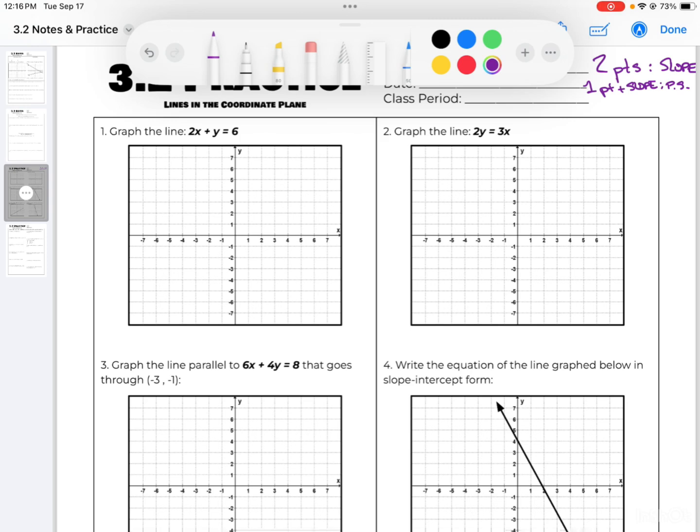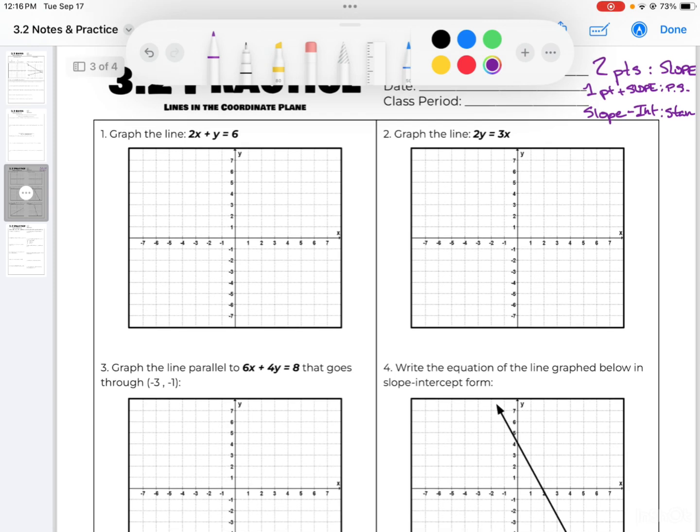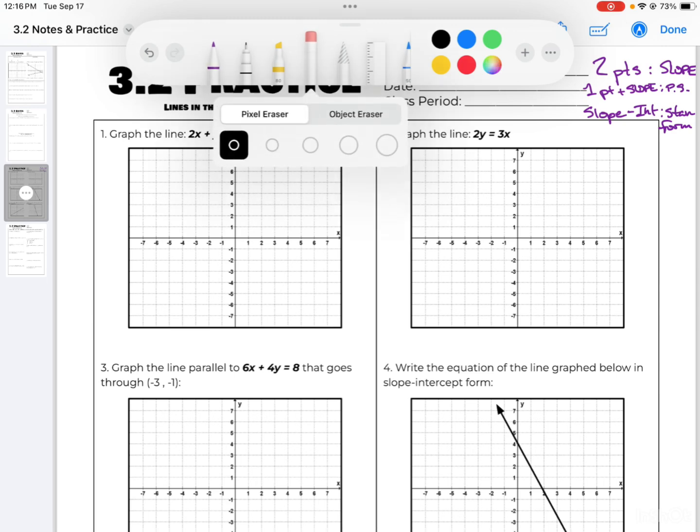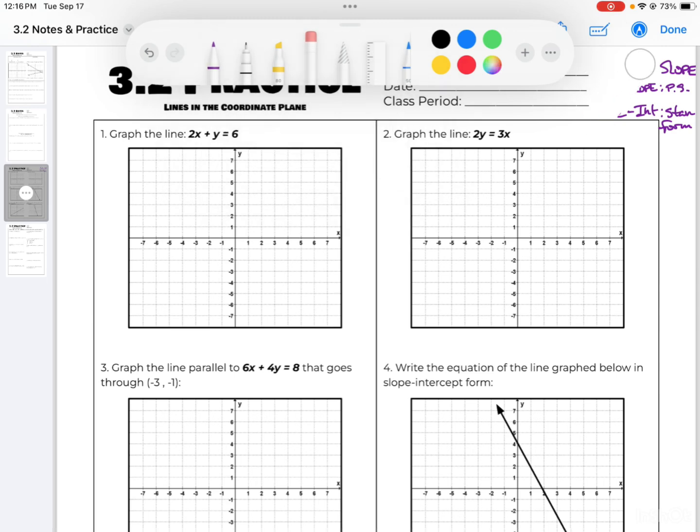And if you have slope intercept form, you can convert that to standard form. I'm out of paper to write that little note there. But that's kind of the key things to remember as we go along.